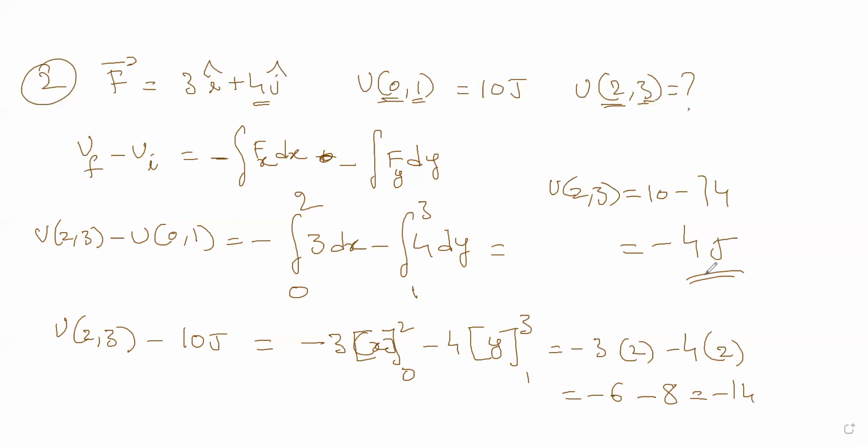Another question, hopefully you are clear with this. Yes, sir. Good. Now the third: if they are giving 3 coordinates, how do you solve? F bar is x squared i cap plus y j cap plus z squared k cap, like this is given.